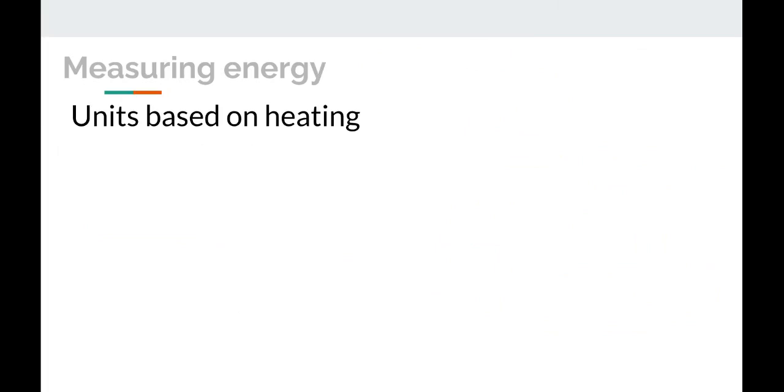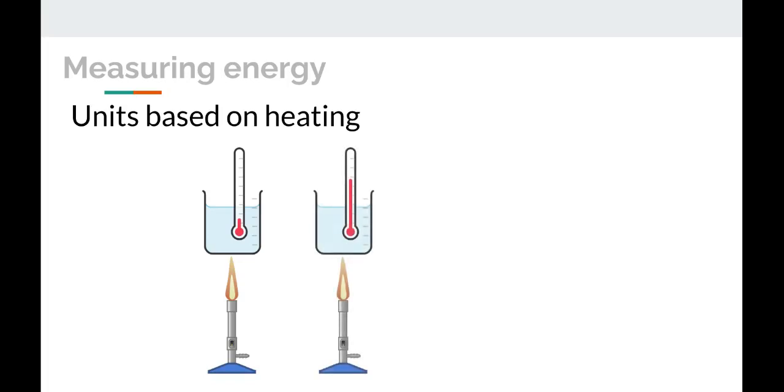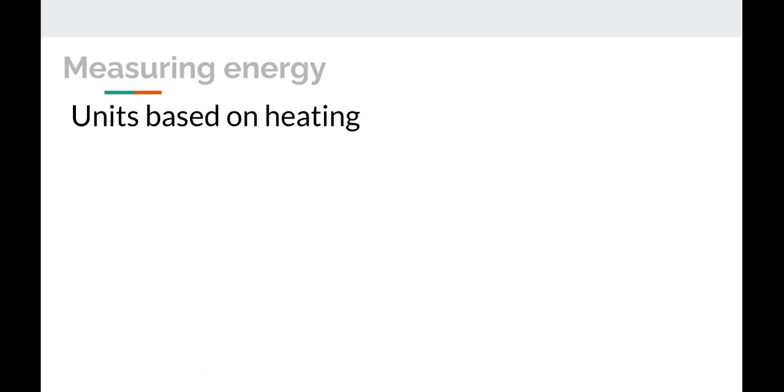Now let's look at units that are based on heating. Imagine that we're heating up a substance by adding some energy to it, and after some time, the substance goes up by some temperature. The more we let that sit over that burner, the more energy we add to it, the higher that temperature is going to go. So it's pretty reasonable to think that the amount of energy that's added through heating is going to be proportional to the temperature change.